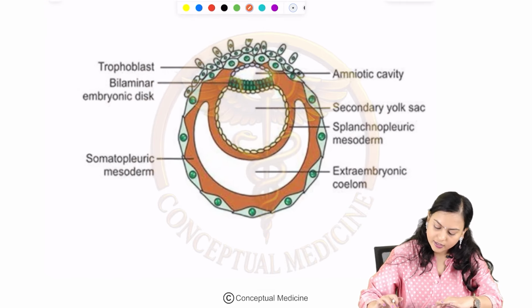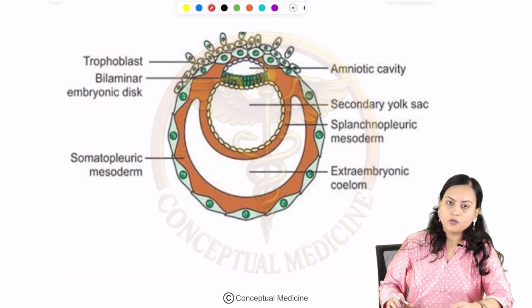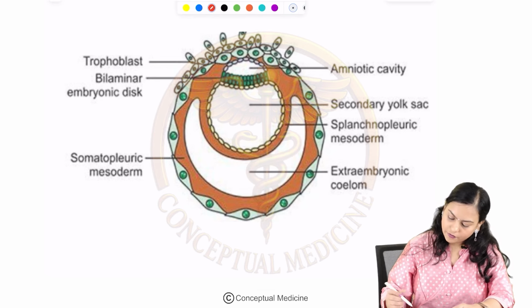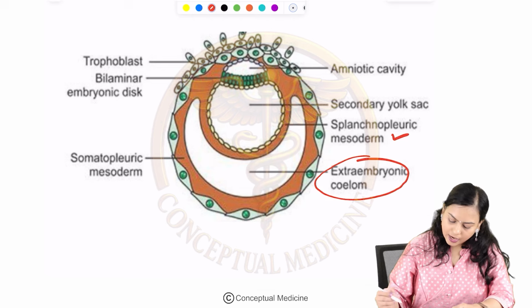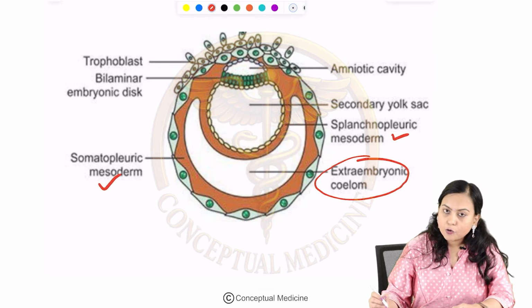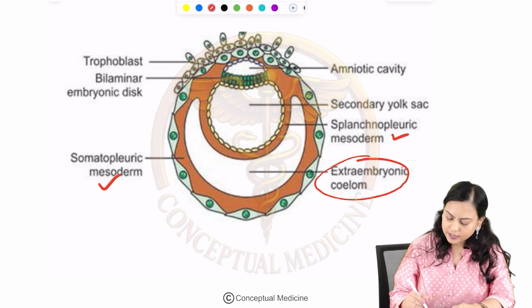so this is a final diagram to know about this. So we already have an extra embryonic coelom that has formed, so the extra embryonic mesoderm is split into splanchnopleuric and somatopleuric. Splanchnopleuric mesoderm is nothing but the visceral extra embryonic mesoderm, and somatopleuric is the parietal extra embryonic mesoderm seen here.